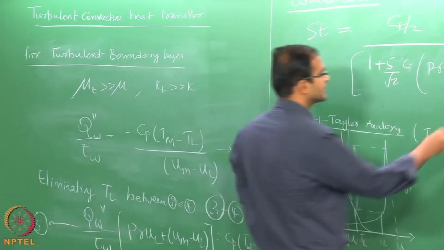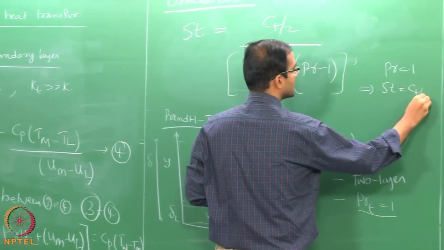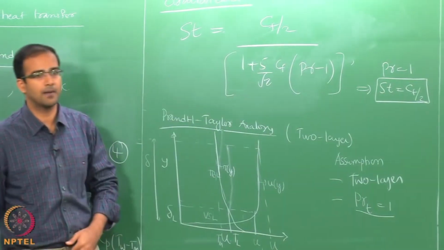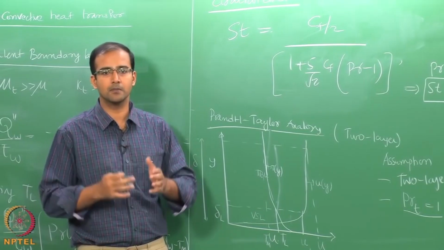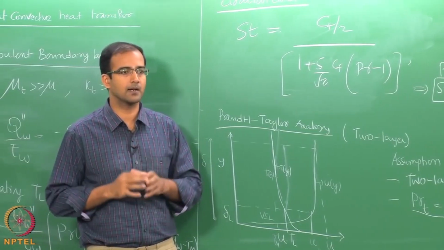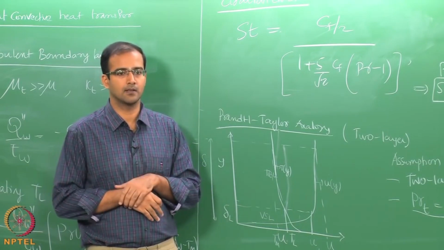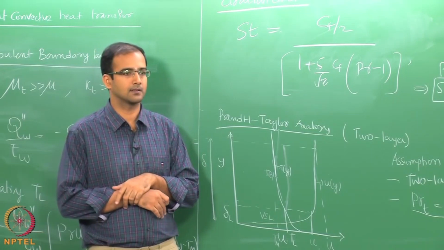In this case, it gives you that the Stanton number is equal to Cf by 2. So, you see that the Reynolds analogy is not bad after all, especially when your molecular Prandtl number is equal to 1. The Reynolds analogy is the correct analogy, because all the complex analogies finally collapse to that.